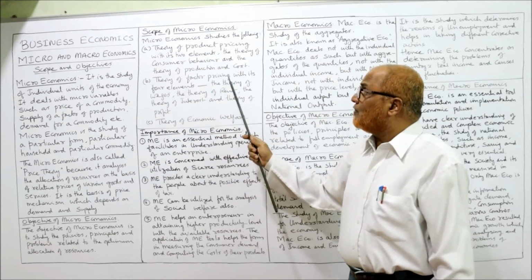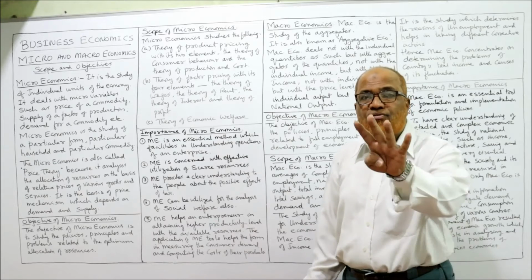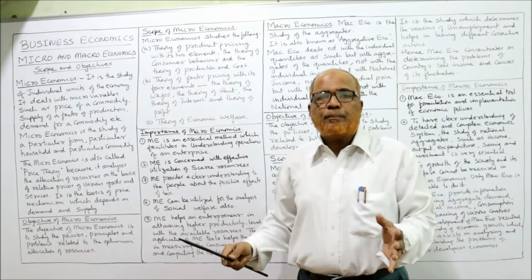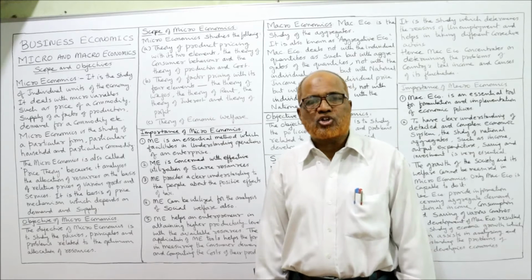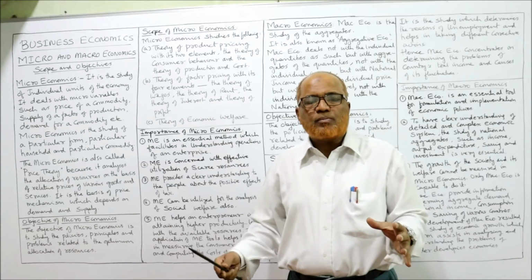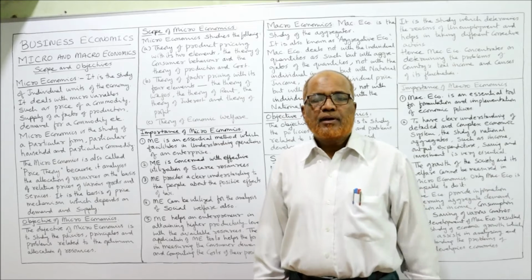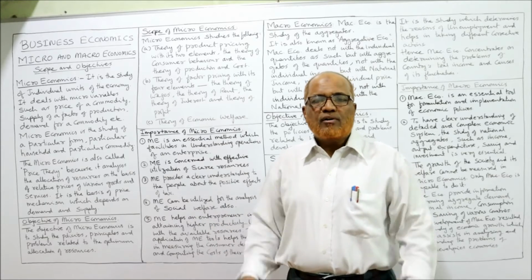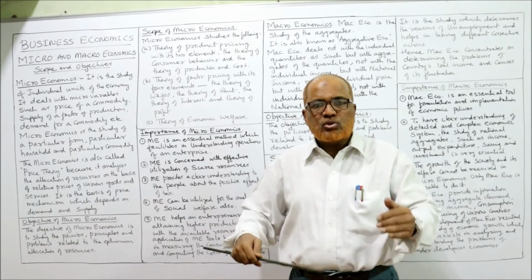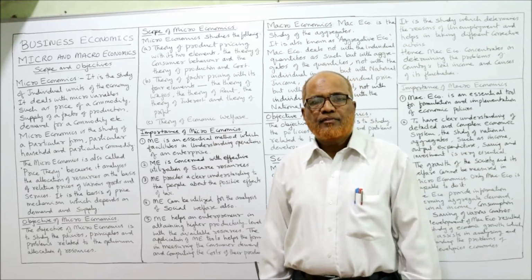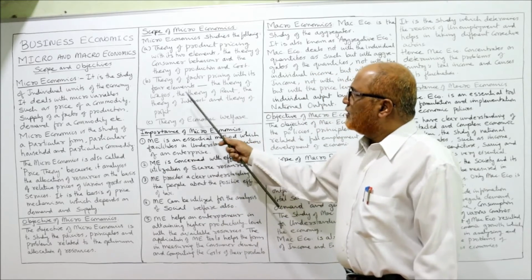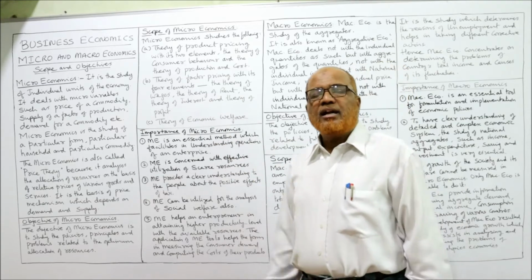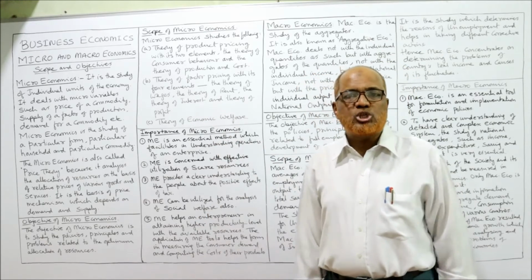Similarly, the theory of factor pricing with its four elements. Factor pricing means the prices of the different factors of production. The different factors of production have to be paid, like human resources. When human resources are used, wages are paid. Similarly, rent will be paid for the premises used.